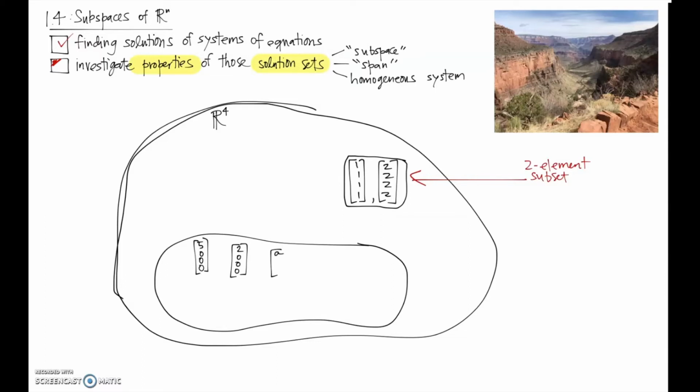And any real number, we'll call it A, 0, 0, 0, is sitting inside this subset. And we'll draw these little dots because there's an infinite number of them. They're all over the place. So this is an infinite subset.